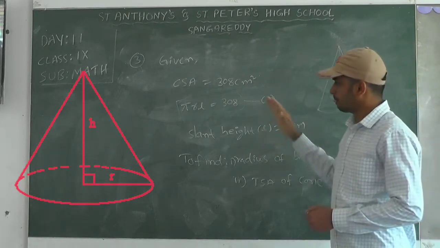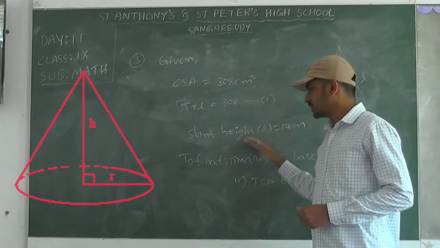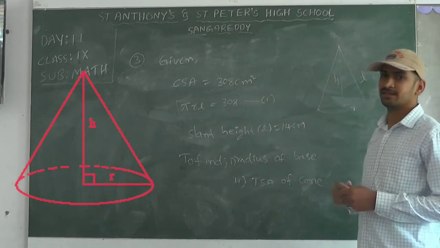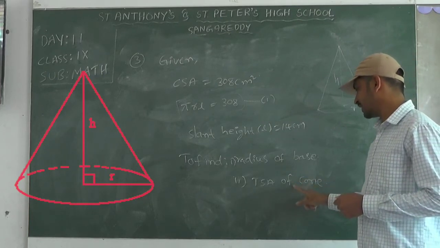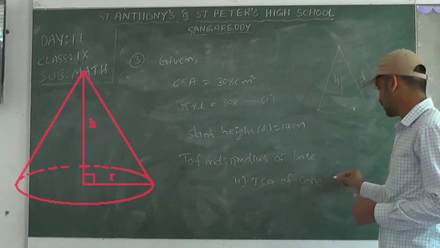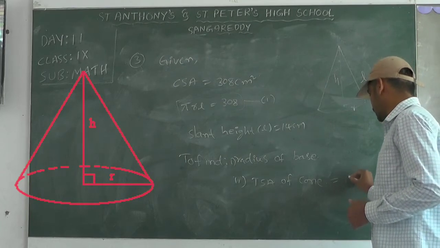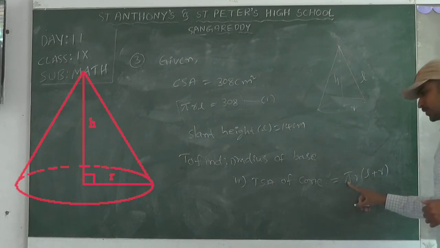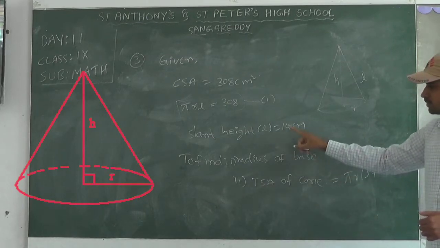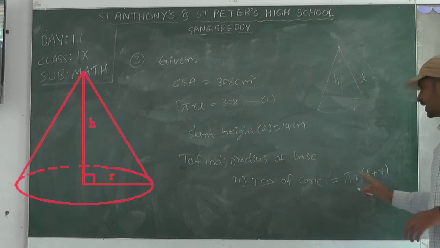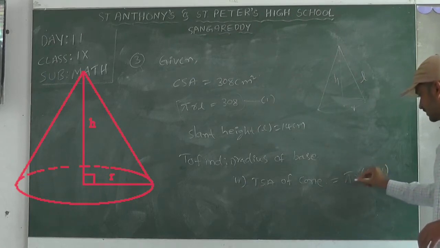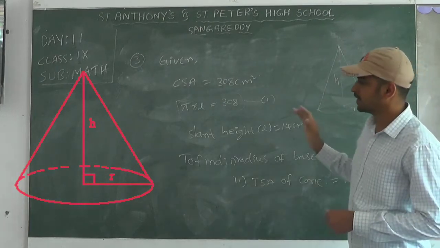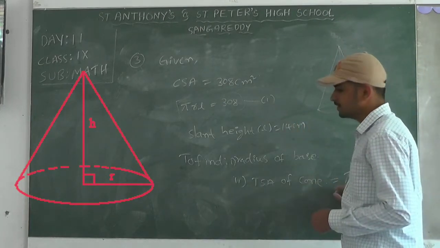The curved surface area and slant height are given. So by using these two we can find r. After finding r, to find the TSA of the cone, already you know, TSA of cone is pi r (l plus r). Pi is a known value, 22/7, l is given, so the unknown is r, nothing but the radius of the base. First we have to find the radius of the base, then we have to find the TSA.